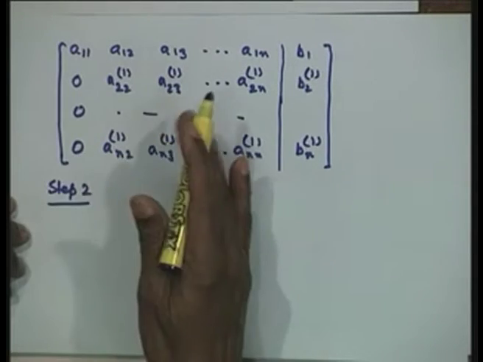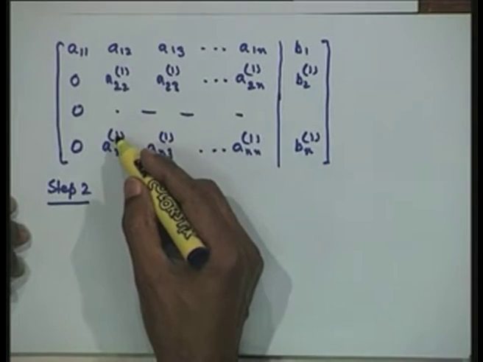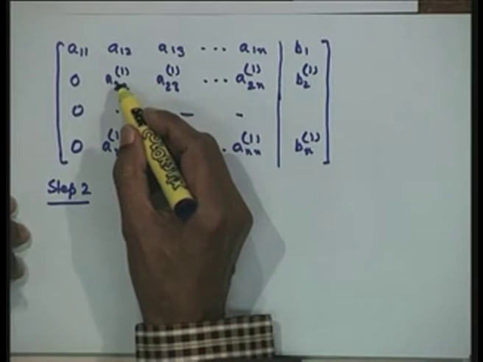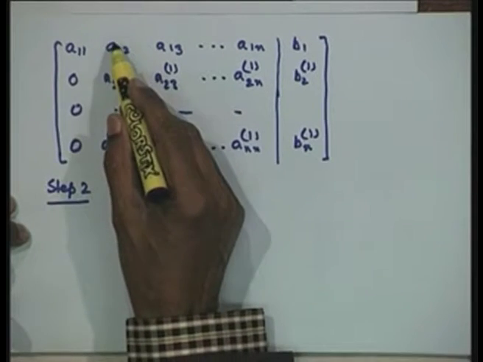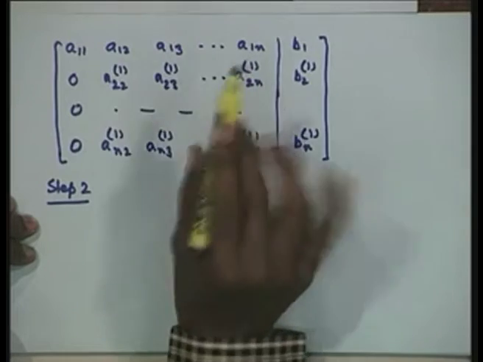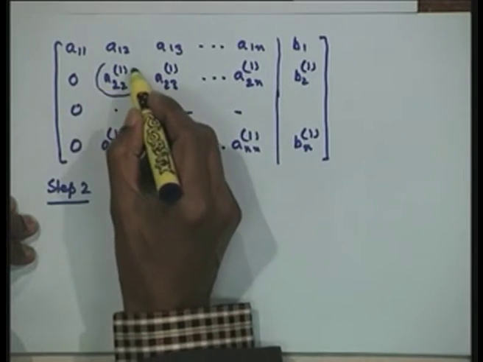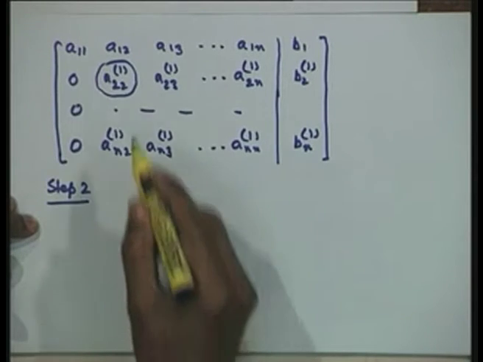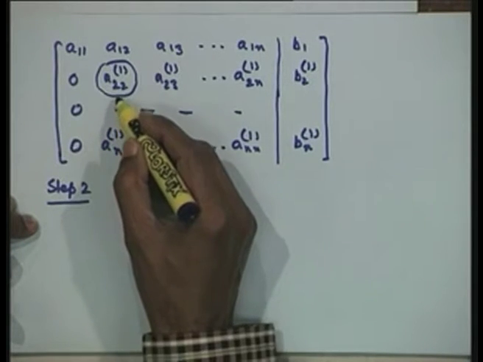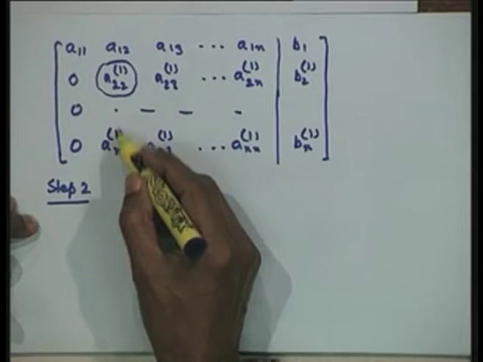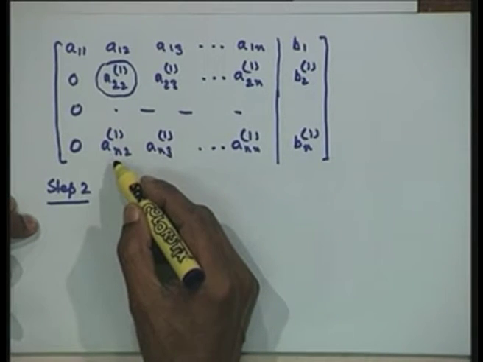Now I will move to the right, that is I move to the second column. I will use the diagonal element, the 2 2 element, leaving the first row because the operation of the first row is over. So I would now take the second row. Now I will choose this as my main element, use this and eliminate the remaining elements in that column, bring those elements to zeros.